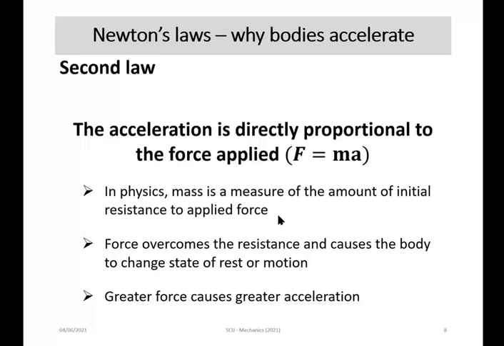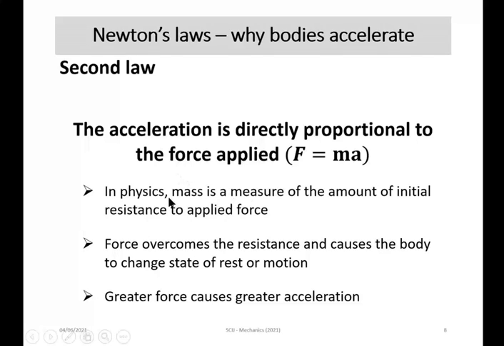So we better use the term inertia to represent mass. So we say mass is a measure of the amount of initial resistance to force. So we can substitute the word mass with the term inertia. So the greater the mass, the greater the ability to resist an external force applied to the body.